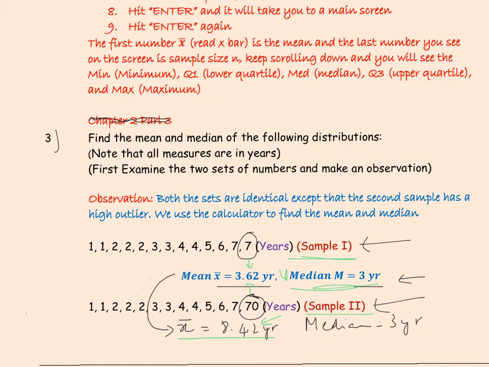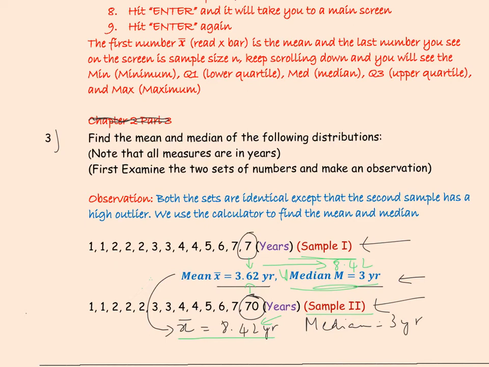I've specifically picked this example to show you that the mean is not resistant to the outlier. It changes, it goes in the direction of the outlier. If the outlier is high, the mean gets pulled in the direction of the outlier. Notice that it's become 8.42 because the number has changed from 7 to 70.